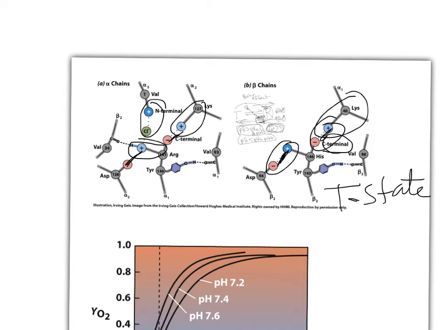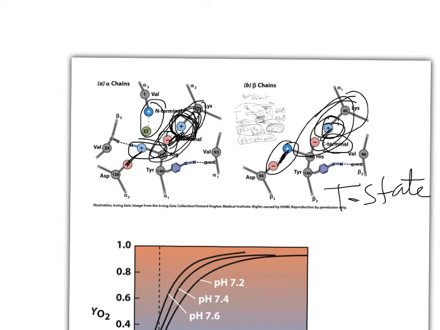Then, when oxygen binds, these things shift away from each other, and you see a lowering of the pKa's for these, because when they're not close to a negative charge, then the positive charge that they could possess is not as stabilized. So the pKa shifts to a lower pKa when it's in the R state.